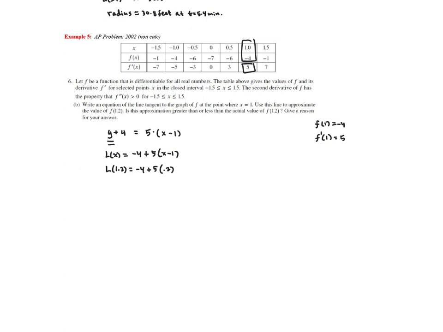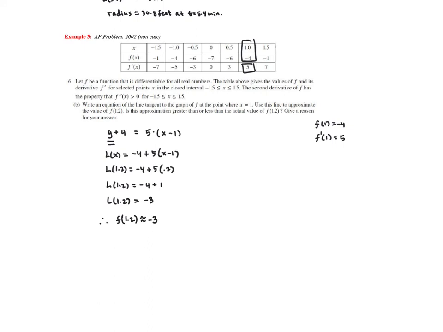Right, I'd take 1.2 minus 1, which gives me delta x, which is 0.2. So L of 1.2 is equal to negative 4 plus 5 times 1/5, which would be 1. So L of 1.2 equals negative 3. Therefore, f of 1.2 is approximately negative 3.